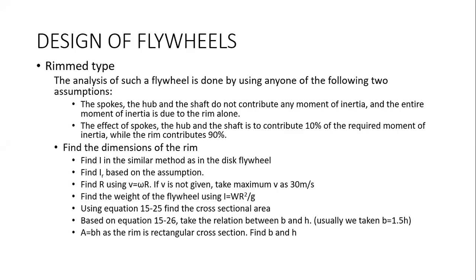If that is not given, these rim type flywheels can run for a maximum velocity of 30 meters per second. Based on the RPM, you can find R, the maximum radius it can withstand. So your R should be below that value. If you are getting around 380 mm or 400 mm, you should keep it below that, say 380 or 370, giving some tolerance.